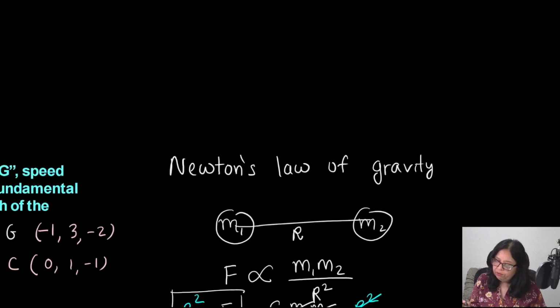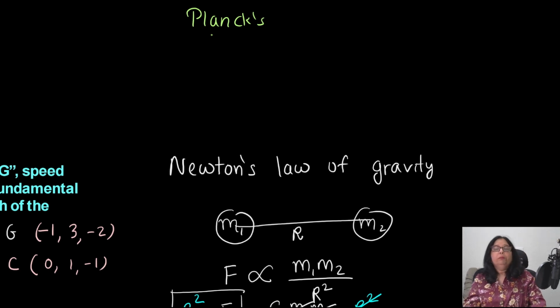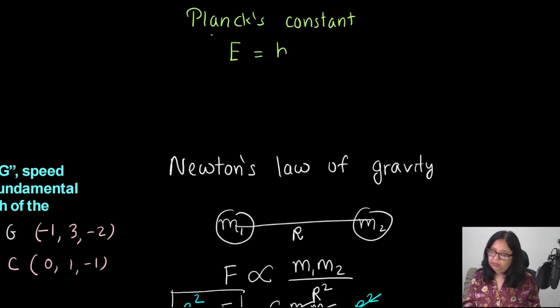I don't know if you have heard about this before, but this is where the quantum revolution had started in physics. Planck's constant. This is what quantizes everything really in physics. So Max Planck had said energy comes in quanta, in packets, and energy is given as h times f.